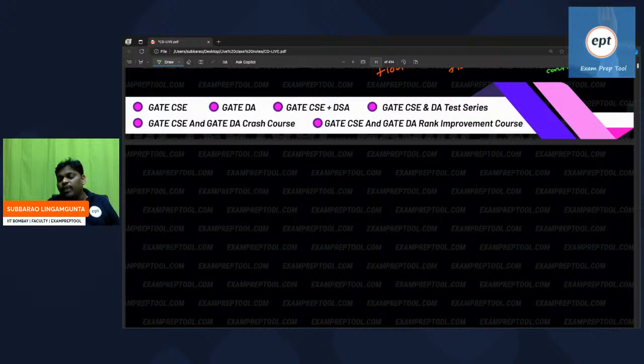Anyone can store. If the question is symbol table, who will store? Everyone. If any option says everyone, select everyone. Suppose everyone is not there: lexical, syntax, semantic, take like that.